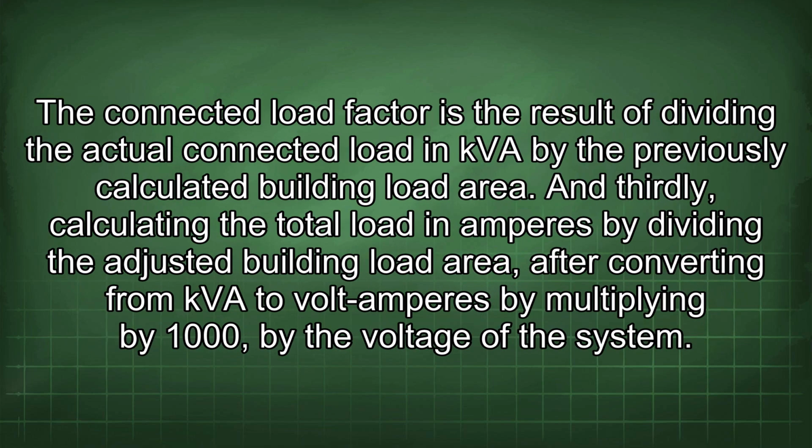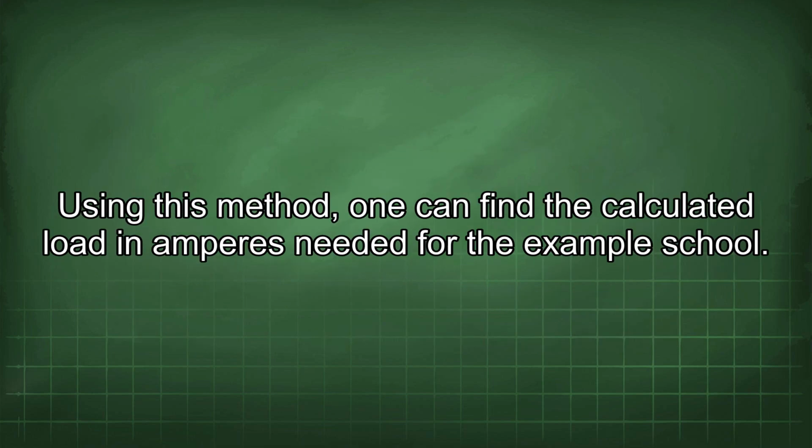The connected load factor is the result of dividing the actual connected load in kVA by the previously calculated building load area. And thirdly, calculating the total load in amperes by dividing the adjusted building load area, after converting from kVA to volt-amperes by multiplying by 1000, by the voltage of the system. Using this method, one can find the calculated load in amperes needed for the example school.